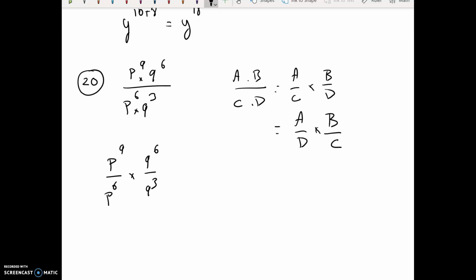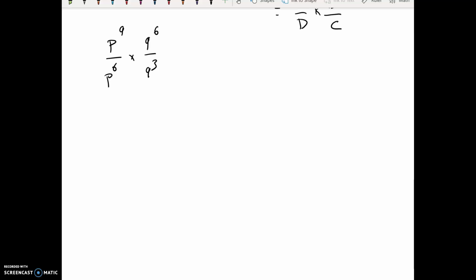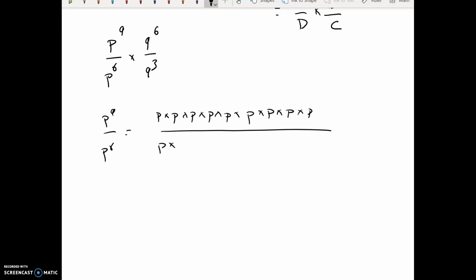Let's move on to the p to the 9 over p to the 6. It could be p multiplied by p, 9 p's in total, 1, 2, 3, 4, 5, 6, 7, 8, 9, divided by 6 p's, 1, 2, 3, 4, 5, and 6. And then I can simplify the p's together.